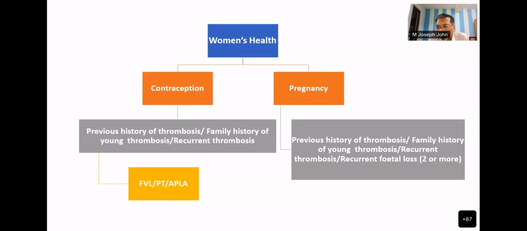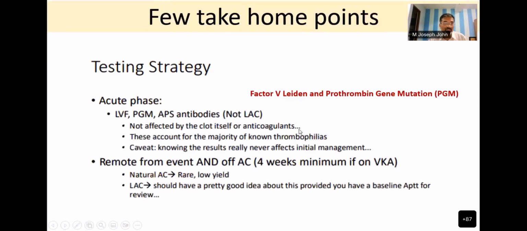However, for pregnancy, it is only history, and it may help along with the history of recurrent fetal loss, where you may want to rule out APLA. APLA remains a definite test to be done because that's something which you can intervene.